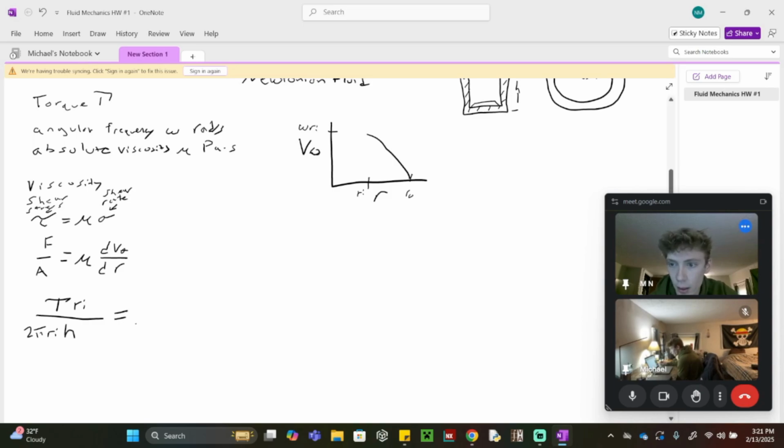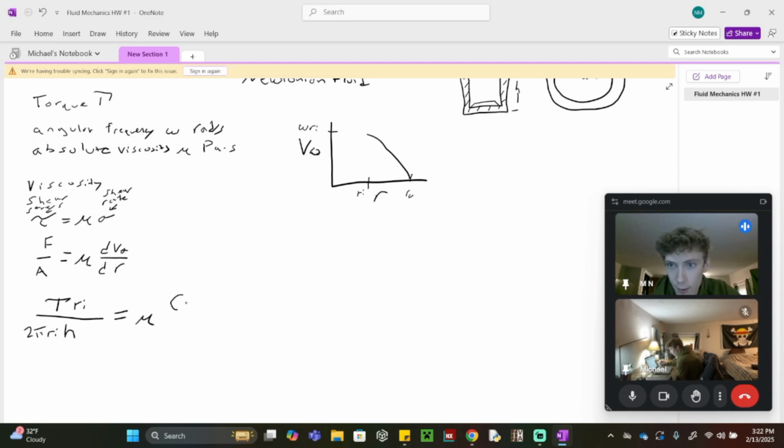equals our absolute viscosity. And then for our angular velocity here, we know that it can be found by multiplying our angular frequency by the radius, but we also know that when angular frequency is multiplied by our outer radius, it will go to 0.